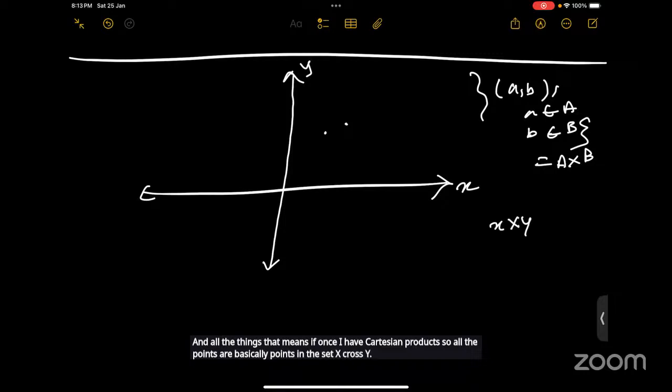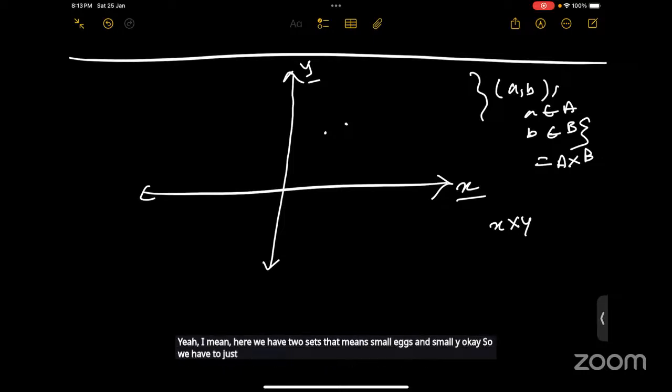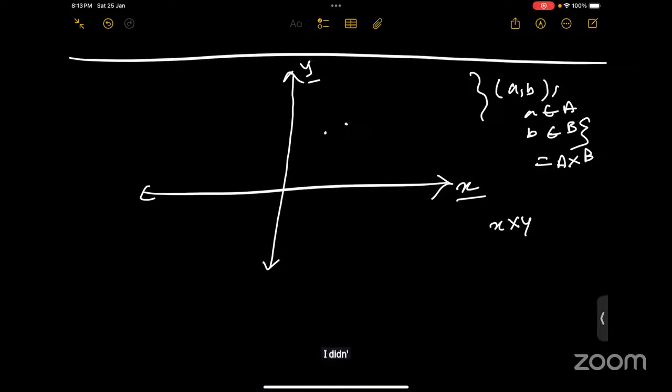So, ma'am, what is A and what is B? A belongs to the x-axis and B belongs to the y-axis. Here we have two sets, small x and small y. The small x is our first set, so we can compare A with small x, and B with small y.